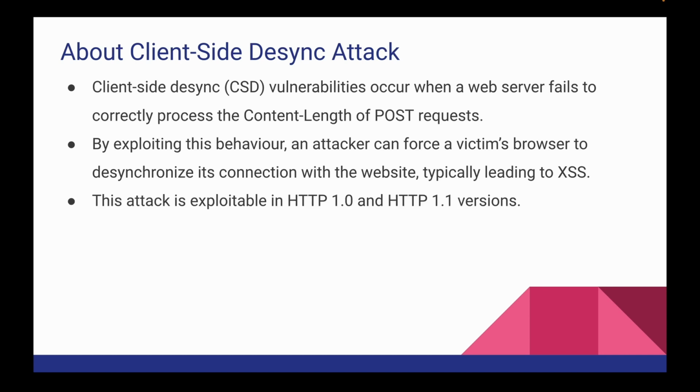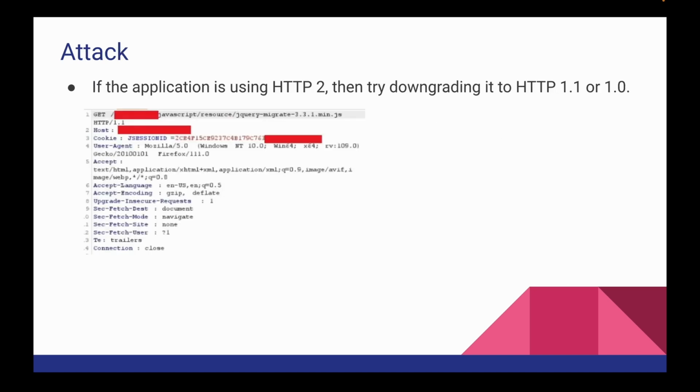So this attack is basically exploitable in HTTP versions like 1.0 and 1.1 only. Let's assume that an application is using HTTP/2, then try to downgrade the HTTP version to 1.1 or 1.0. You can basically capture the request, send it to Burp Repeater and manually downgrade the HTTP version of that particular request.